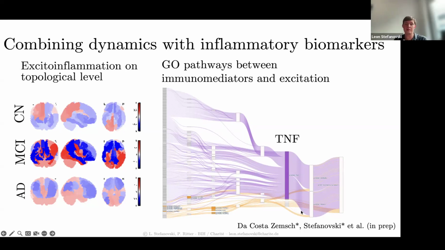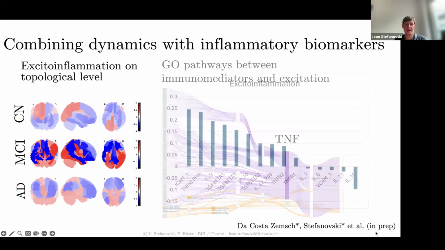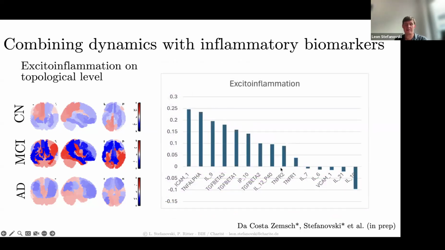It's also a very important immunomediator, one of the first ones that was possible to block with anti-rheumatic drugs. And when we compare it with the other available immunomediators, this ex-situ inflammation is almost the strongest, except for this ICAM1 protein, but it's also quite realistic that this fits to the vicious circle that we have identified before with The Virtual Brain and neuroimaging.